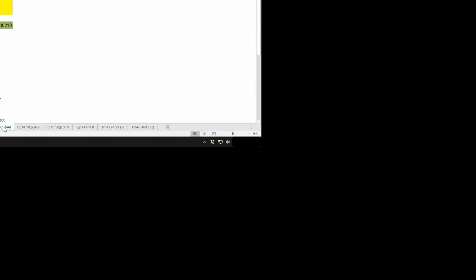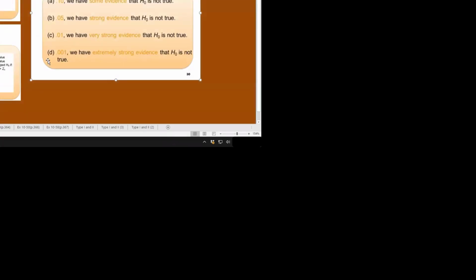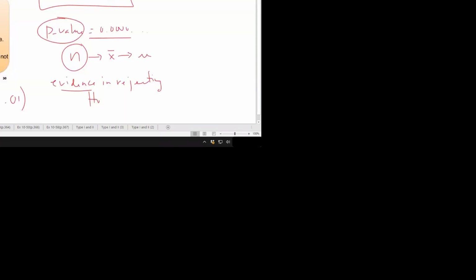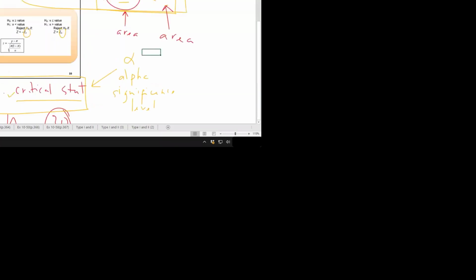Good. I have a question. When do you compare the z and critical value, and when do you compare the p-value? It doesn't matter. You can use either one. The problem with using the critical value as a decision rule is that some applications will not give you the critical value, so you'll have to look it up yourself.